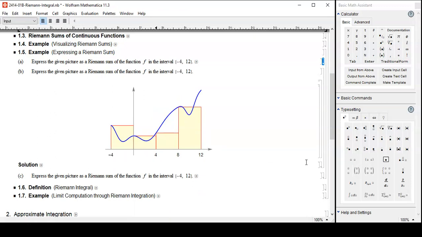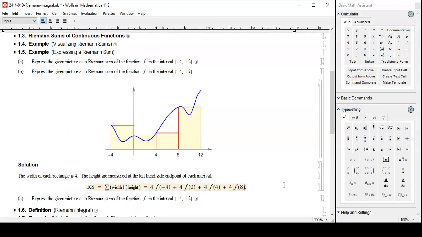So if you put everything together, what do you get? Stop the playback and write down your solution. Did you? Okay, here's the answer. Did you get it? 4 is the width, all the same, and left-hand side endpoints f of -4, f of 0, f of 4, f of 8. That was easy, right?